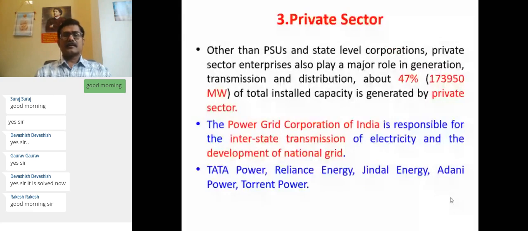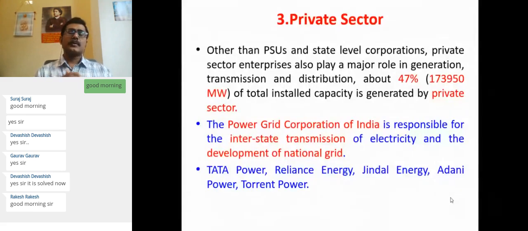Coming to the third sector, a major important one, the private sector. There would be some limitations, some constraints, not only for the state government and the central government, in expanding their infrastructure in power generation, because the rate at which energy consumption increases and the rate at which you are creating the infrastructure to meet this gap between supply and demand differ.